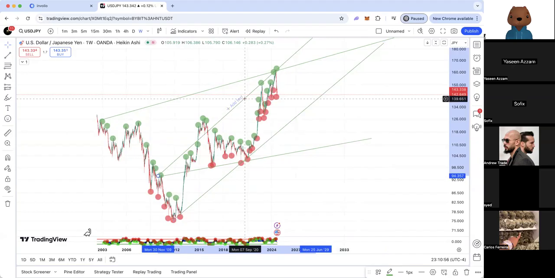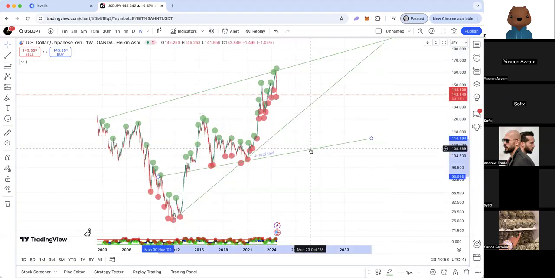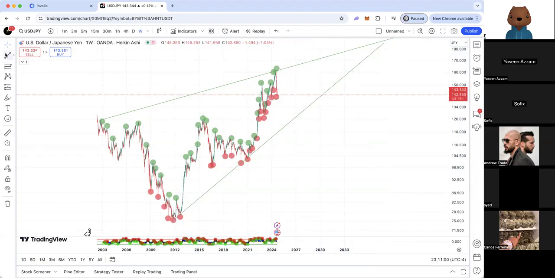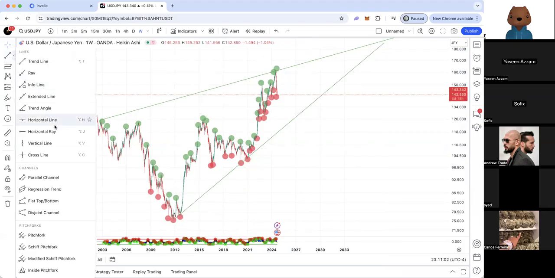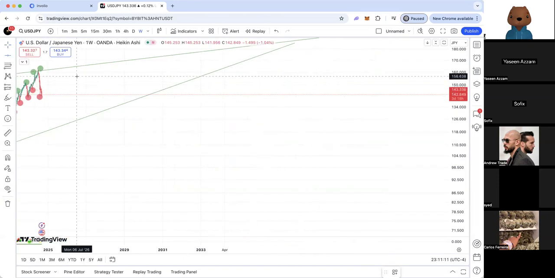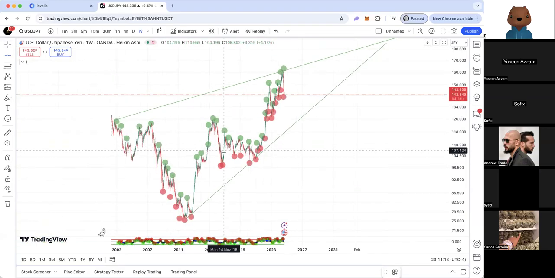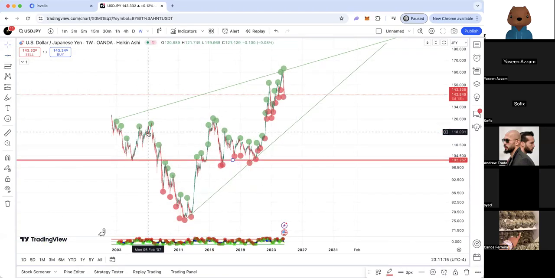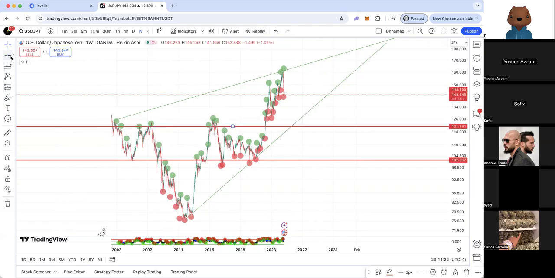Okay. So let's delete this one. Let's delete this one. Triangle. That's the shape that we want. Okay. And let's go ahead and draw some support and resistance lines. So, support right here. Support right here. Right.